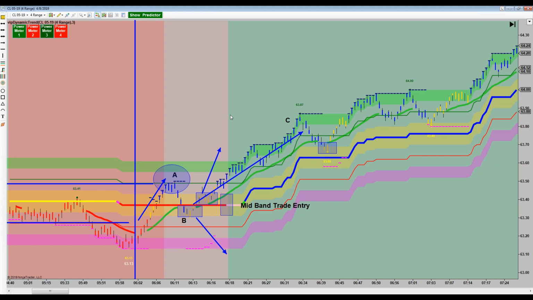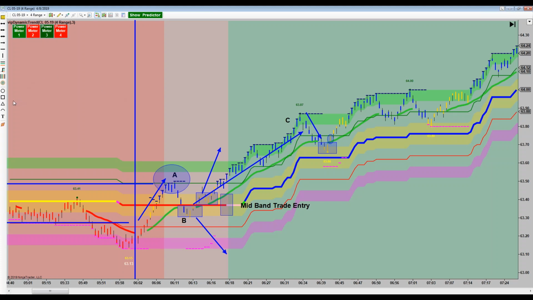But the criteria for what we call, and you're going to hear this in the room a lot, minimum criteria trade on a retracement is you have to, in a long trade, close below line 6, the thin green line, and stealth. Right in here, you can see that we did that. We closed below line 6 and we closed below stealth, and so we put a little region box on here. And if we enable long only, we're filled on a market long right here.